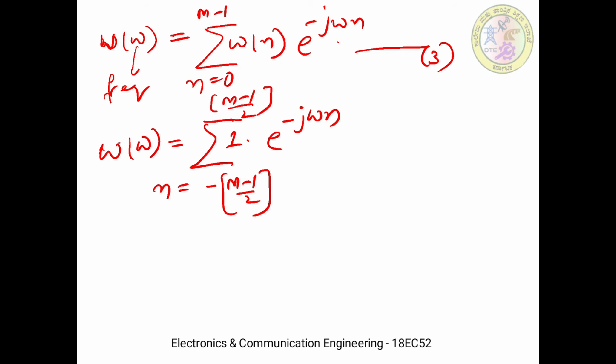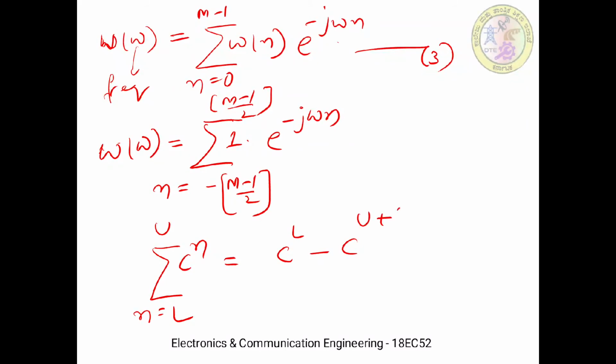Okay. So now to solve this further, we will make use of the geometric series formula, that is, any series which is between capital L to U is equivalent to c to the power of L minus c to the power of U plus 1, divided by 1 minus c.